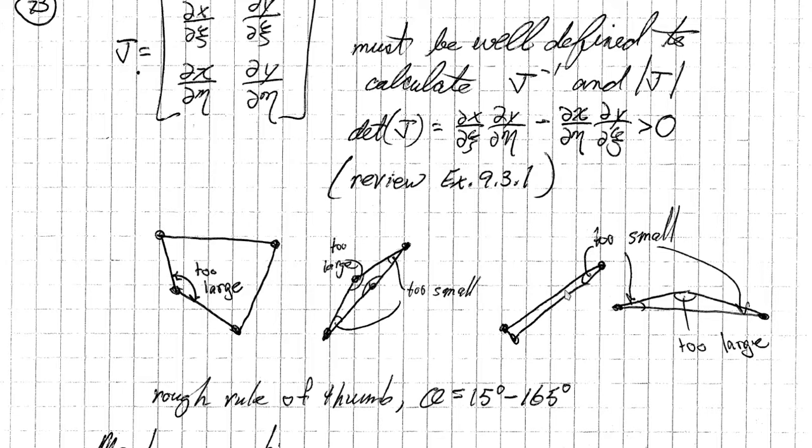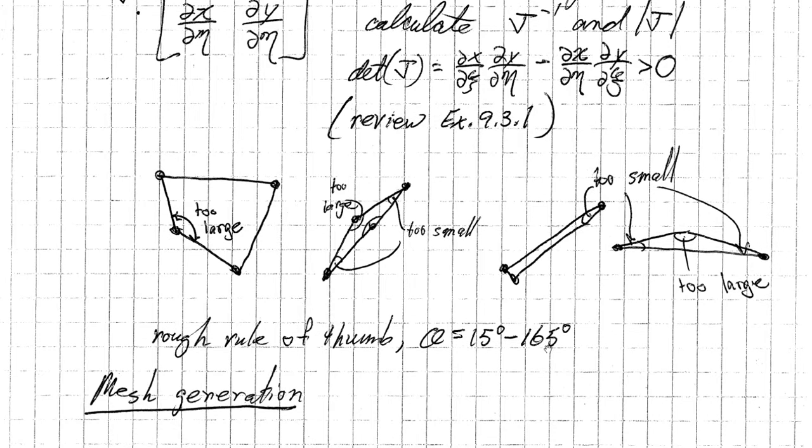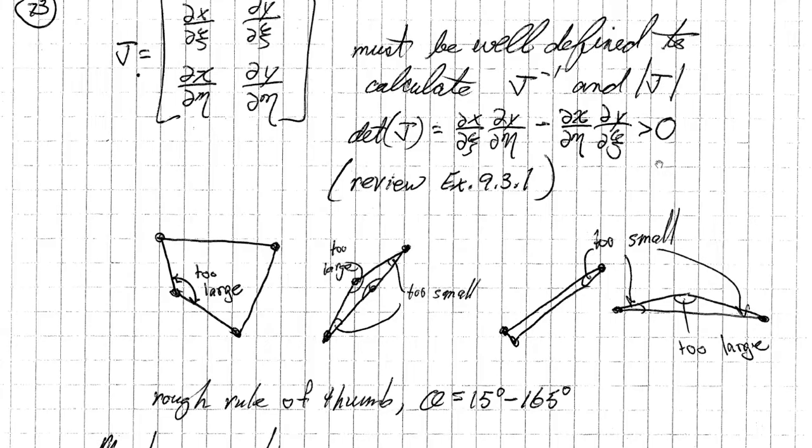So as a rule of thumb, you typically want to try to keep these angles around 15 to 165 degrees to avoid these things. In COMSOL, there should be ways to check, forgetting the exact term, to make sure your determinant is not approaching 0, such that you don't run into these numerical issues.